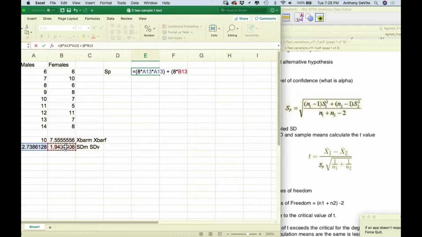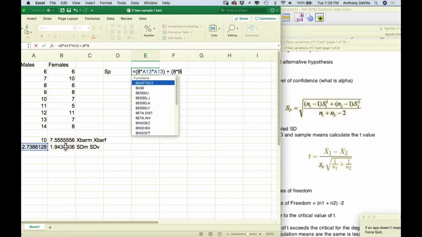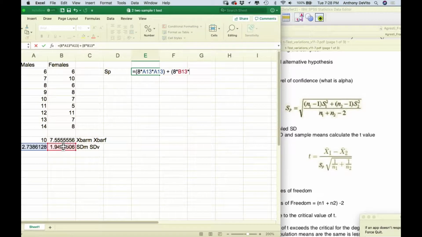Times, oops, forgot to put in, yeah, I got that, okay, times this, times this, close the parentheses. Okay, and good. And I think I can enter and I got it.